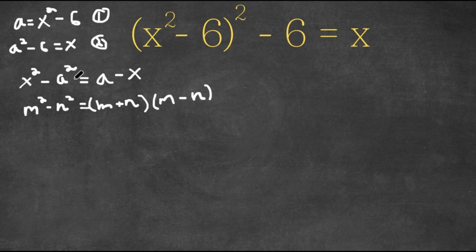Meaning x squared minus a squared is equal to x plus a times x minus a.